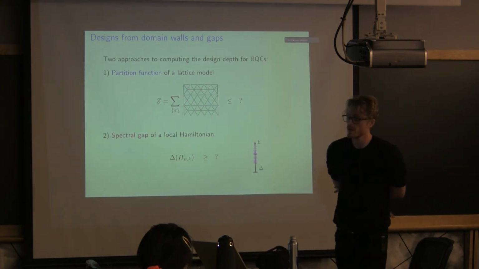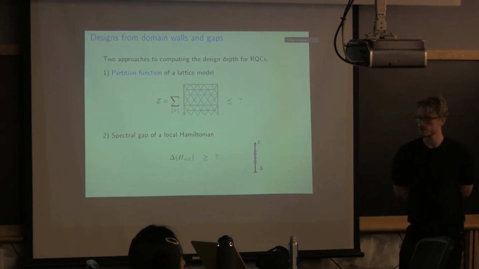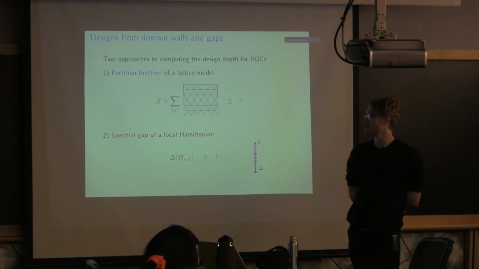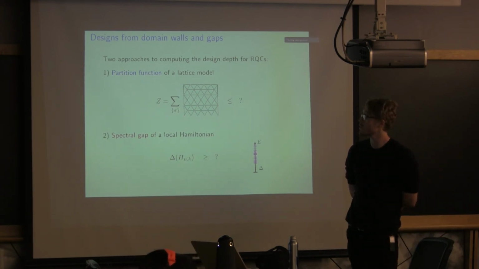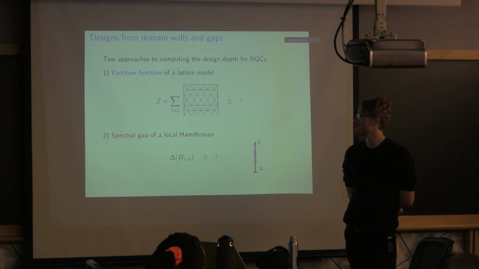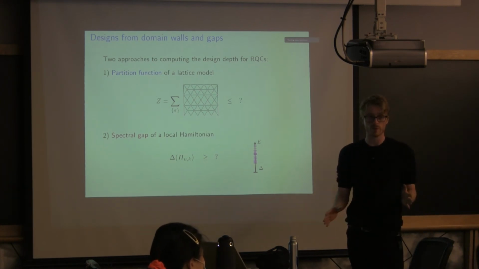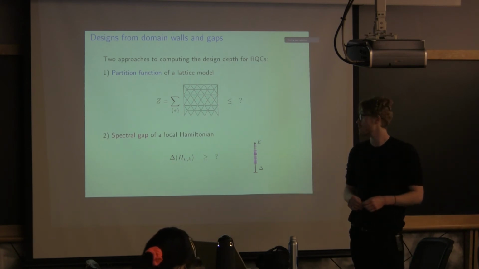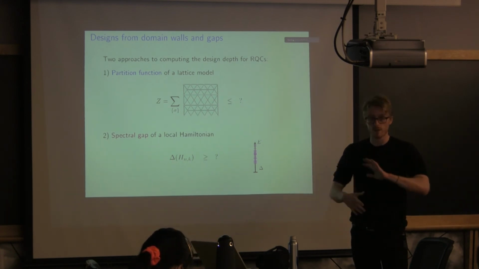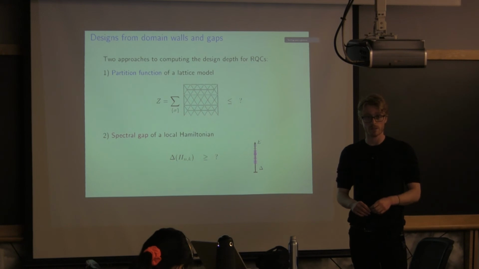Just to mention the two approaches used to show this, there are some nice connections to ideas in many body physics. One way to compute design depth is by upper bounding the partition function of a lattice model. This is a nice way to express the distance to forming a design as a partition function of a lattice model, and then you just need to count domain wall configurations in that lattice model to get some bound.